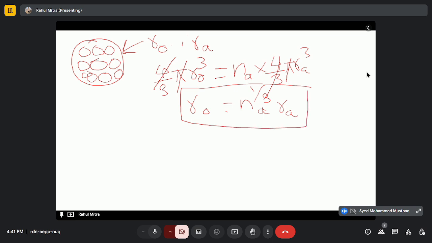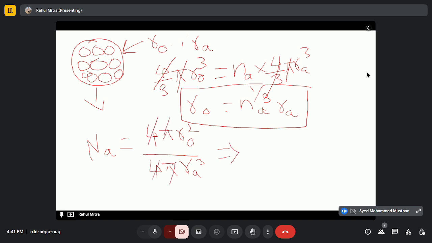Now let's move on to the number of atoms that are present on the surface. That will be given as capital Ns equals the surface area of this nanoparticle, 4 pi R0 squared, divided by the surface area of each atom, 4 pi Ra squared. 4 pi gets cancelled, then R0 squared over Ra squared will be Na to the power of 2 by 3.